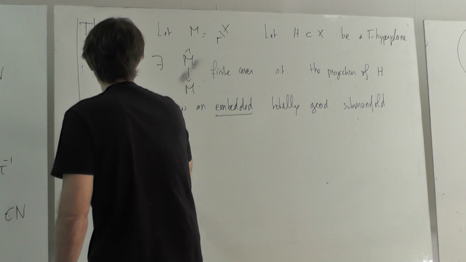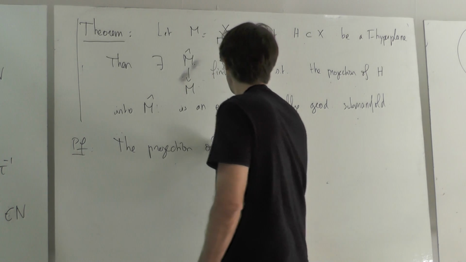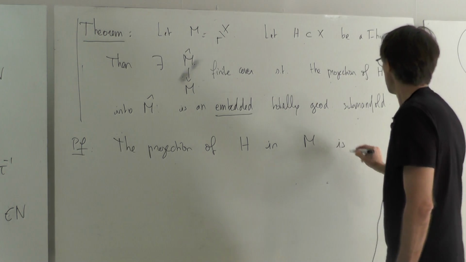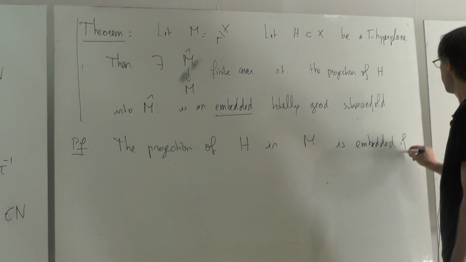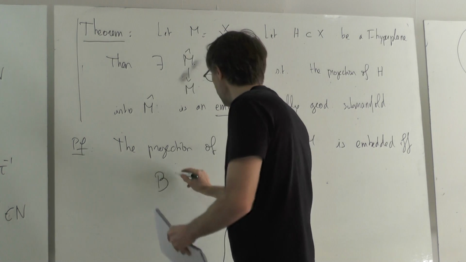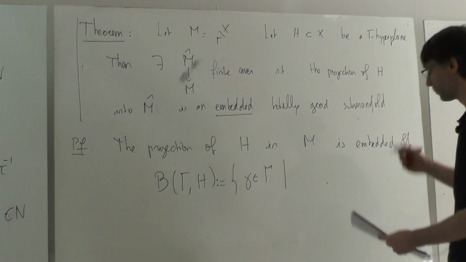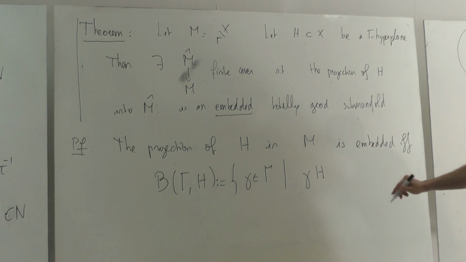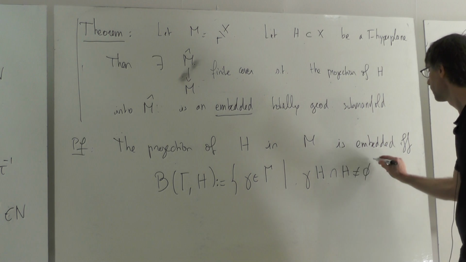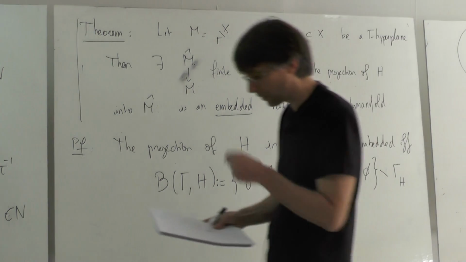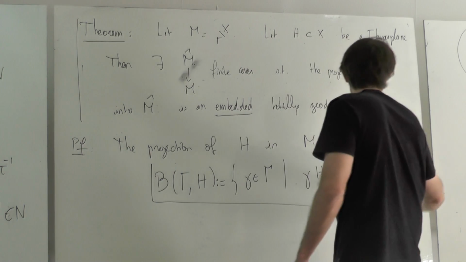The projection of H in M is embedded if and only if the set of bad elements, which I will denote by V gamma H, and which is by definition the set of gamma such that gamma, the image of H by gamma, intersects H. So these are all the elements that create intersection, but of course you don't want to call bad the elements that stabilize the hyperplane, so you remove the nice elements, which are gamma H. Okay? And so this is embedded if this set is empty.